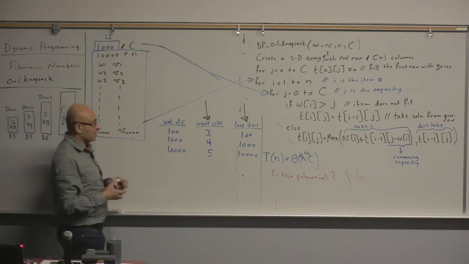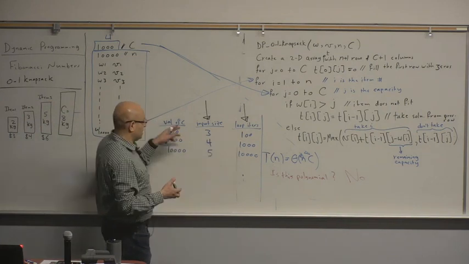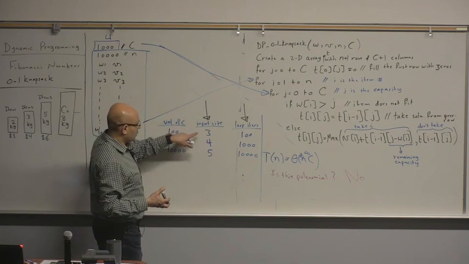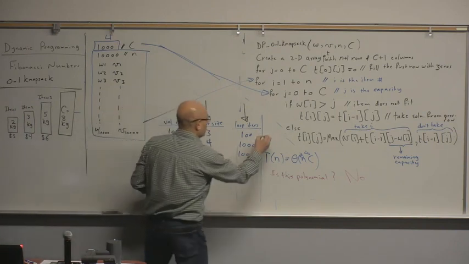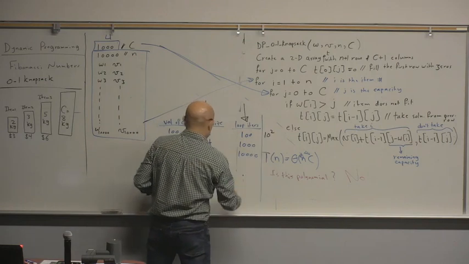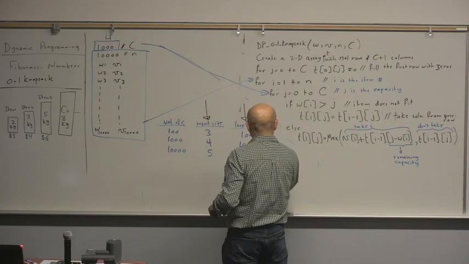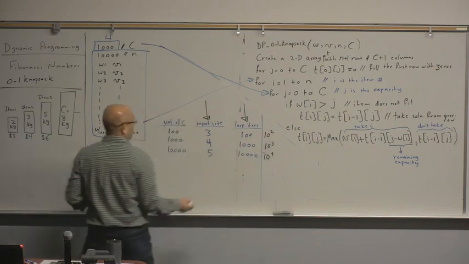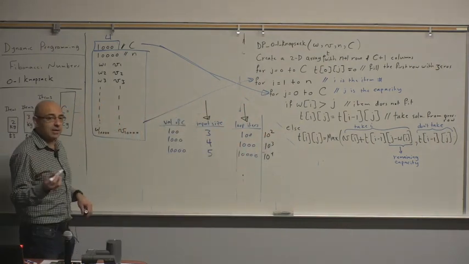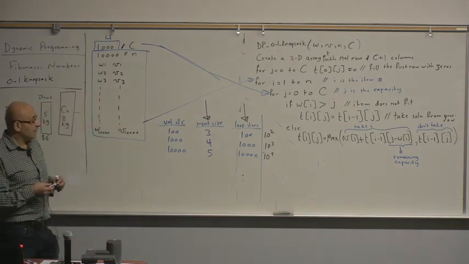It's exponential because 100 is 10 power 2, and 1,000 is 10 power 3, and this is 10 power 4. So basically the relation here is 10 power n minus 1. So it's exponential. This is a hidden exponential relation.